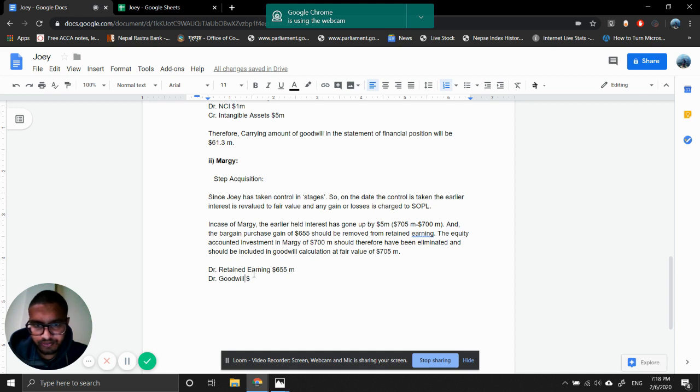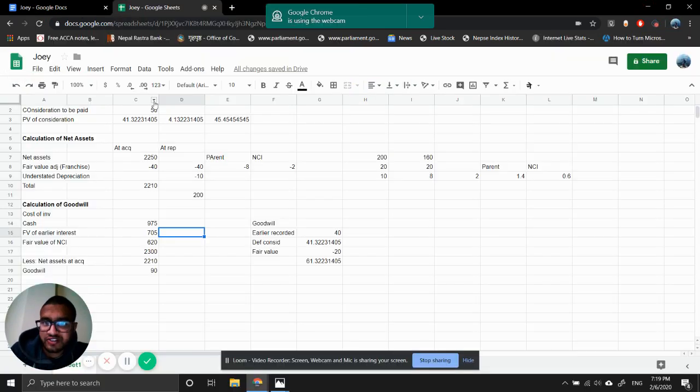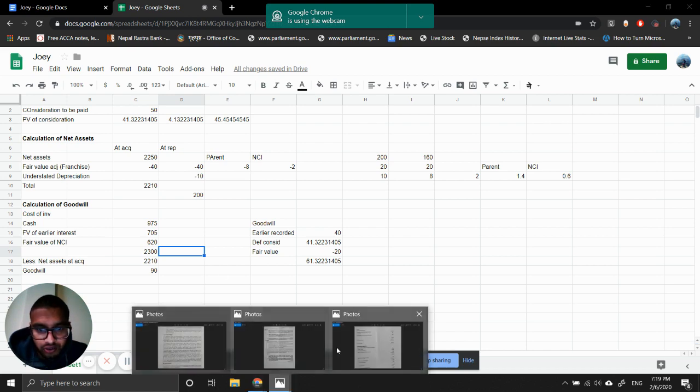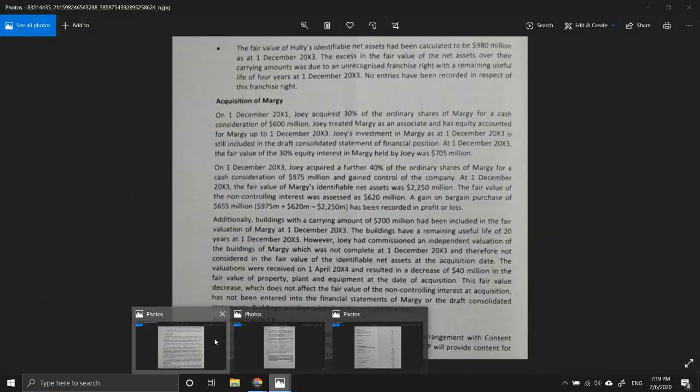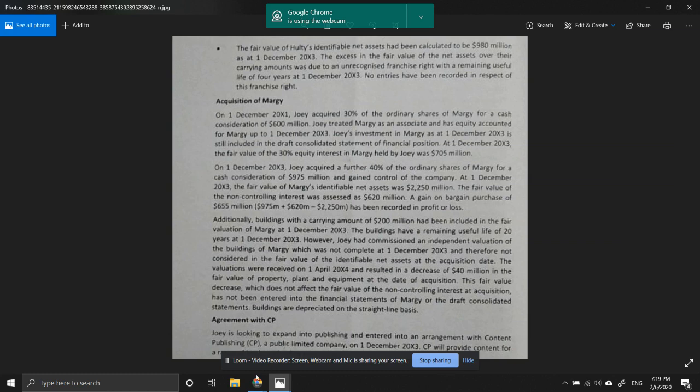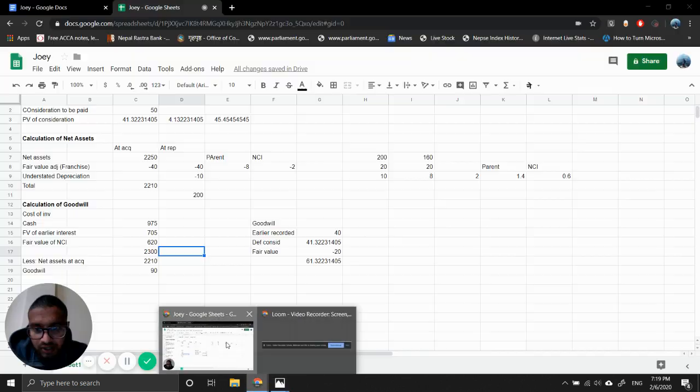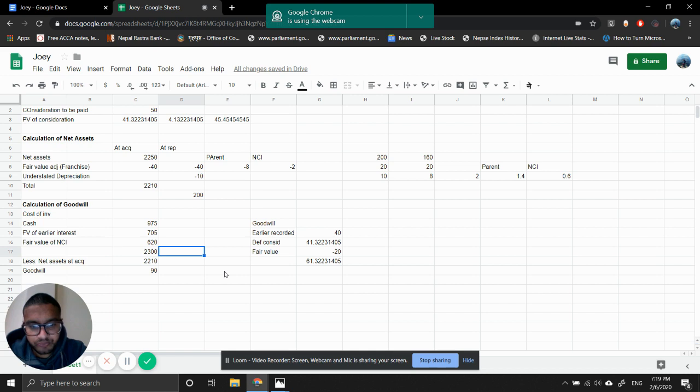So this will be, isn't it? So where has the changes happened? So how did this 90 become 90? What would have been this figure earlier on? Earlier on it was, when they were calculating it, how much was it? 975 plus 620, right? 975 plus 620.